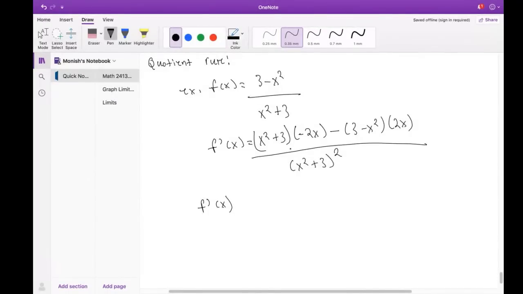You'll probably not get anything that cancels out down here, but you can simplify the numerator at least. You don't need to do x squared plus 3 times x squared plus 3. It's fine if you leave it with just x squared plus 3 squared. But WebAssign, I'm not exactly sure how the grading is. Just try to simplify the numerator if you can.